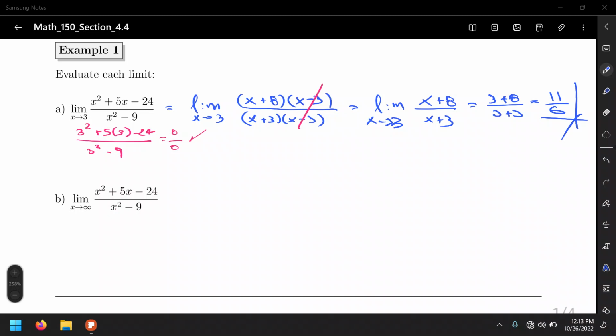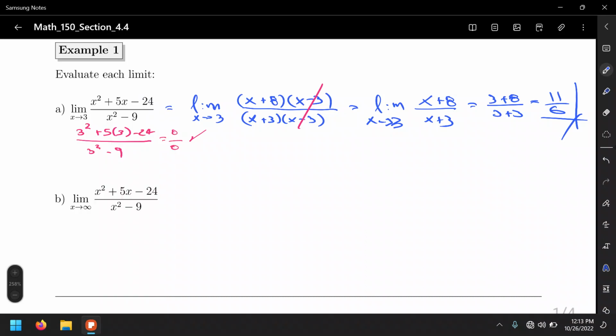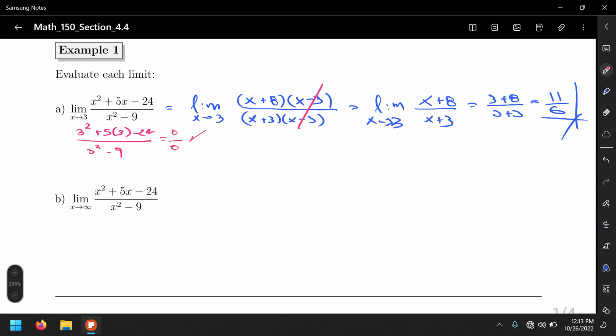Instead, we are going to look at the end behavior, and in this case, notice how the degrees in the numerator and denominator are both the same. They're both quadratic polynomials. So in this case, we can just go with the ratio of the leading coefficients.